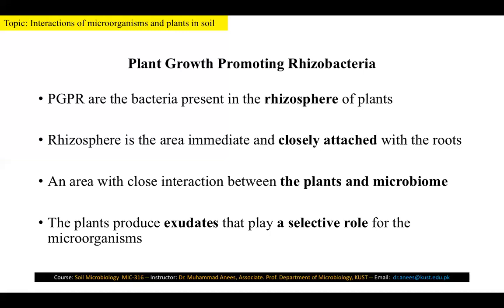Because the exudates are specific to a specific type of plant. So it can favor some microorganisms, and in this way it can select among different species of microorganisms present in soil.